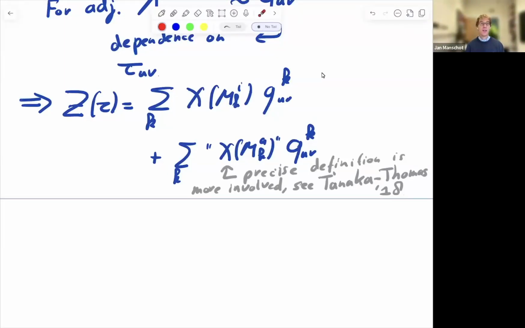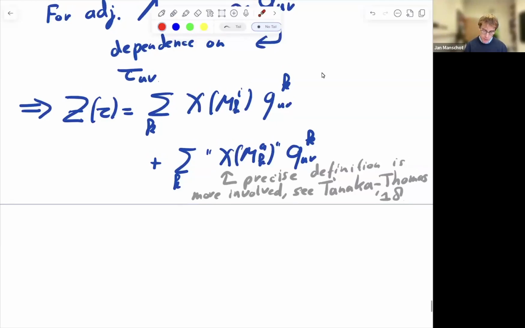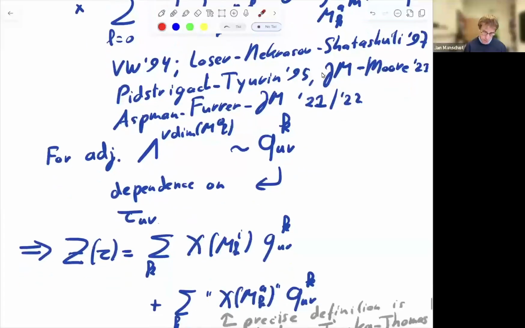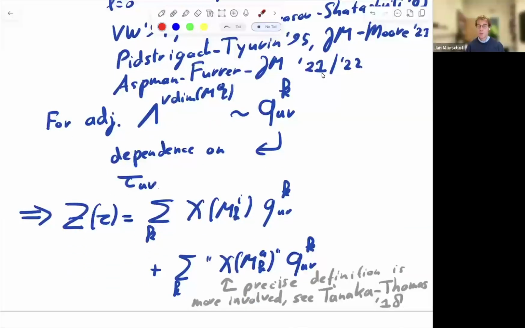Okay, are there any questions on this side? Okay, so there are many questions here, precisely how to do this localization and to define these invariants, especially if your moduli space has singularities. You have to do something special to define the precise cohomology theory.